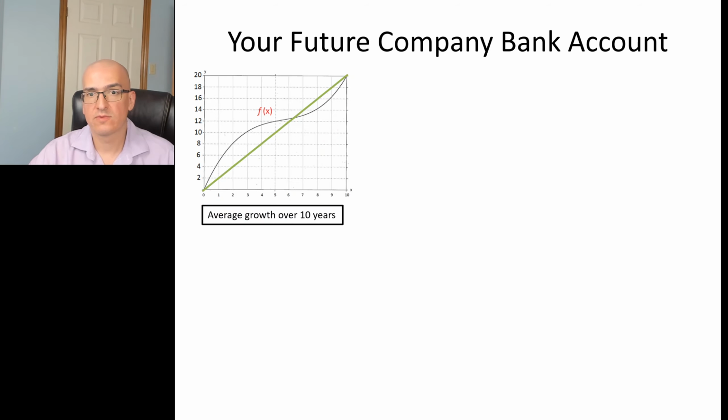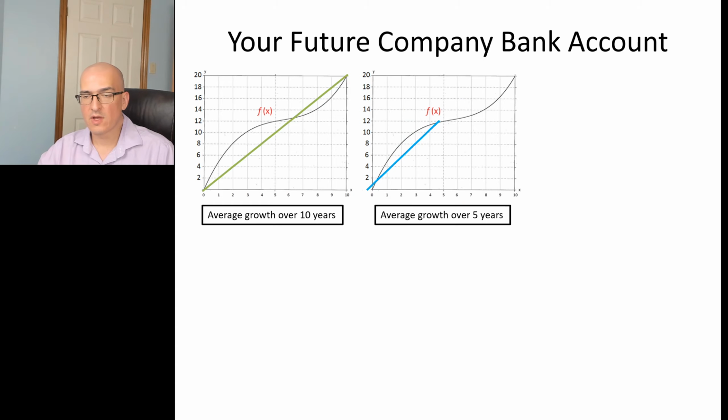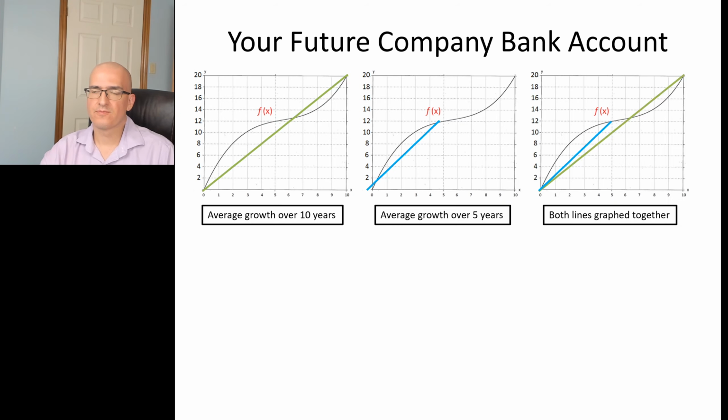Let's graph the lines that connect those points together. The line that connects the beginning at year 0 to the end at year 10 is shown in green. The line that connects year 0 to year 5 is shown in blue. It shifted for some reason. Doesn't matter. I'm going to put them together. What do you see?